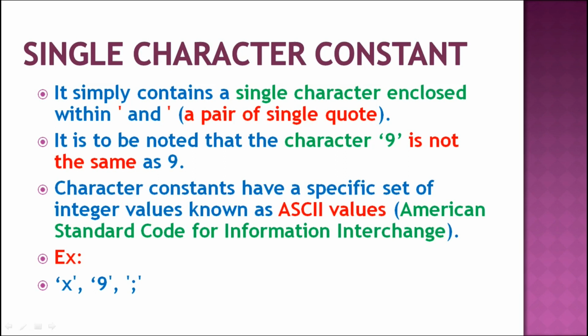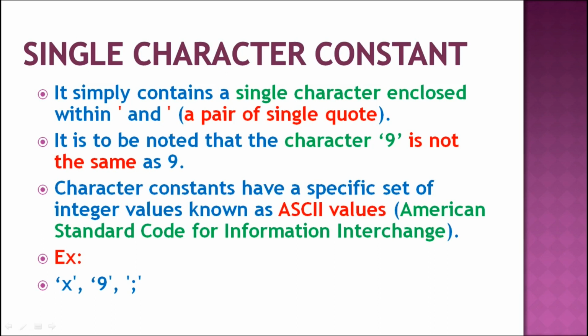It is to be noted that the character 9 is not the same as the number 9. We will see how character 9 is different from 9. And a character constant has a specific set of integer values.